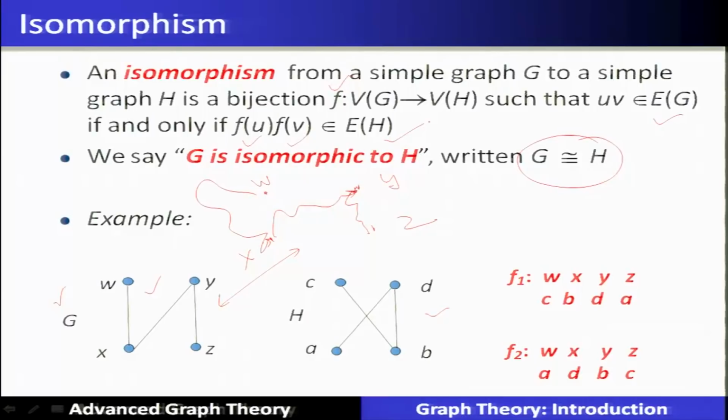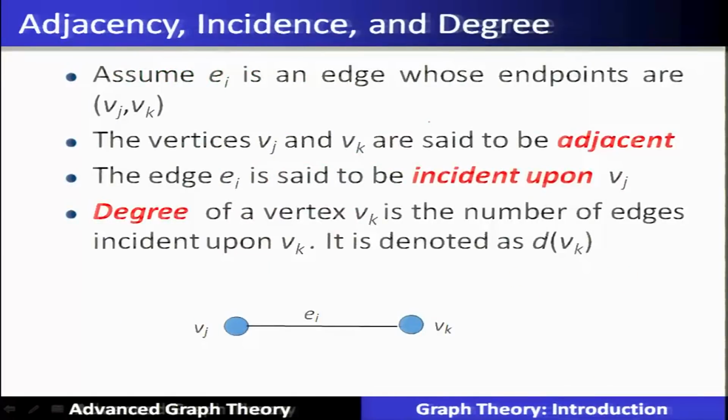If you can come up with a bijection function between two such graphs, then those graphs are isomorphic and they are written in this particular manner.